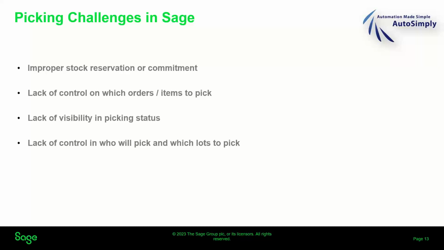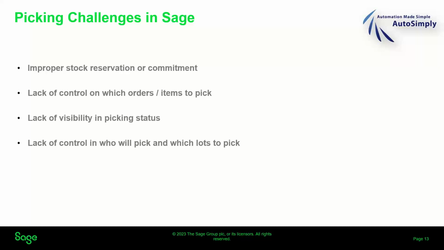So for those of you who are using the commit quantity functionality in Sage, typically you are asking your sales customer service guy to commit quantities without really looking at it in terms of inventory. So ideally, the person in charge of picking is the one assigning how much to commit and which specific lots and serials to commit. Now, this is referred to as lack of control.